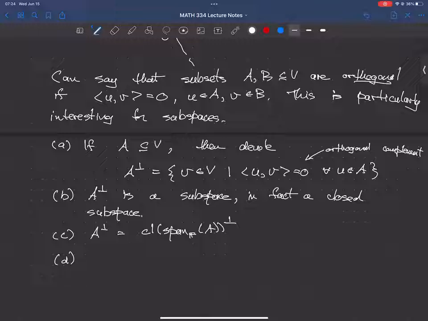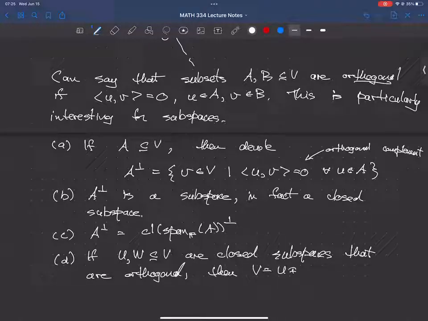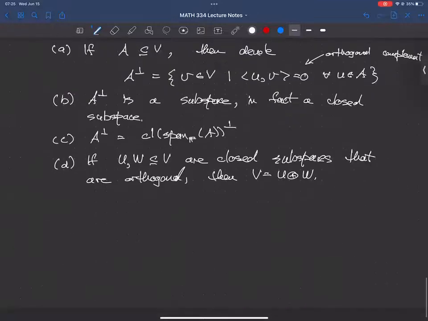And so if U and W are closed subspaces that are orthogonal, then V is the algebraic sum of U and W. Okay.